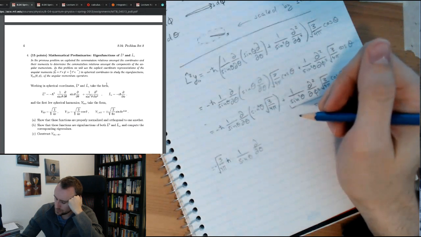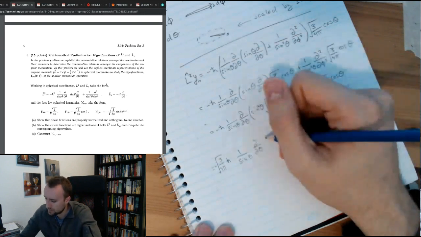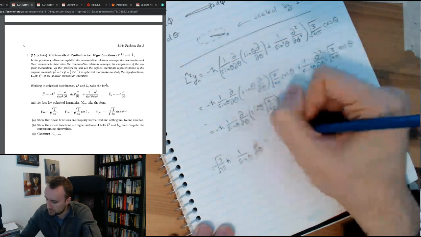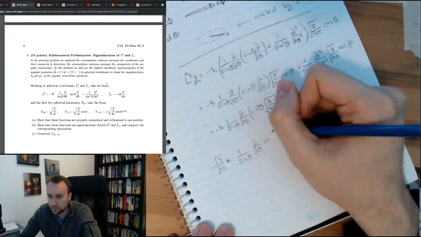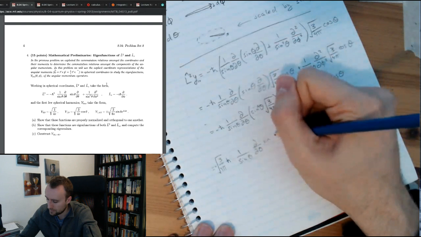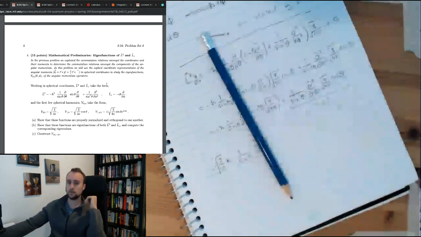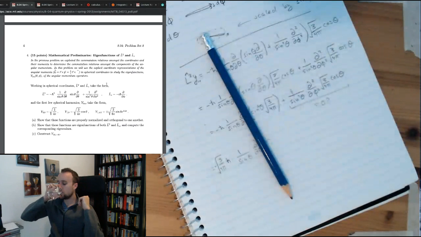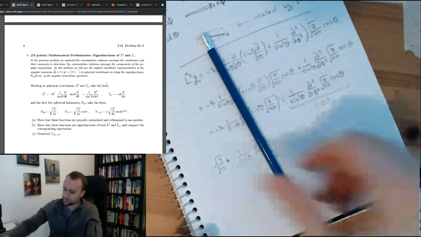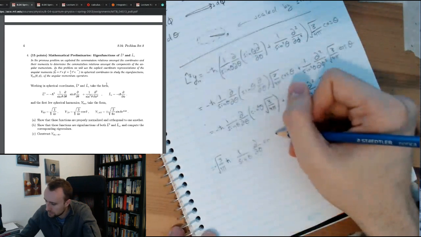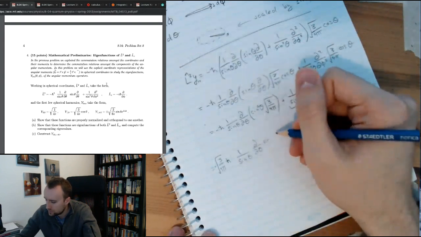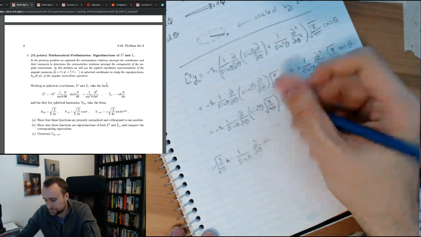Integral of sine squared is going to be what? Well, that's going to be the derivative of this is going to be sine. Chain rule here.